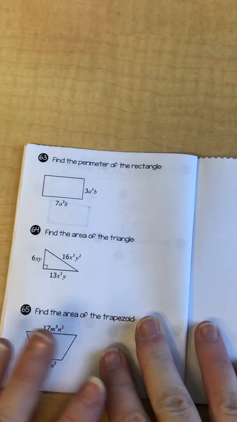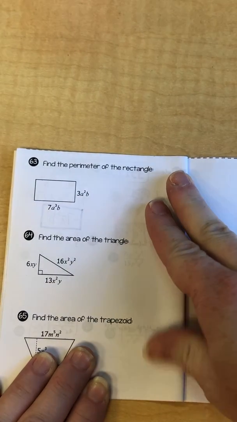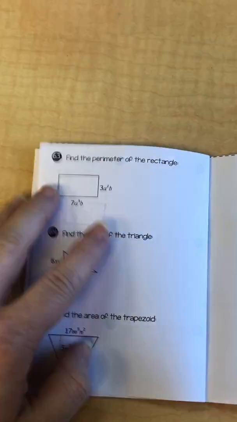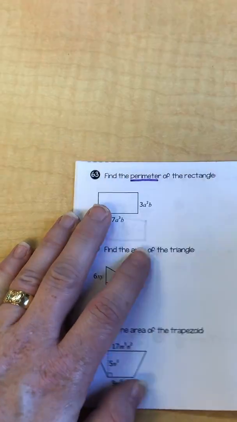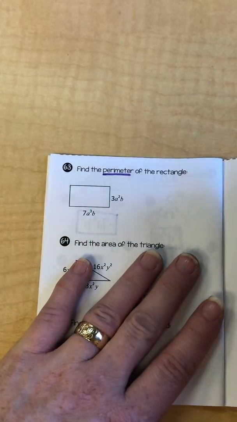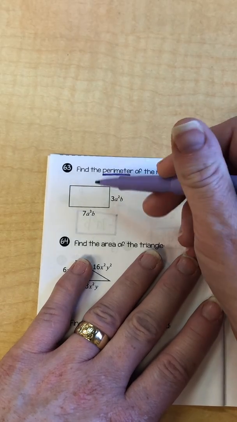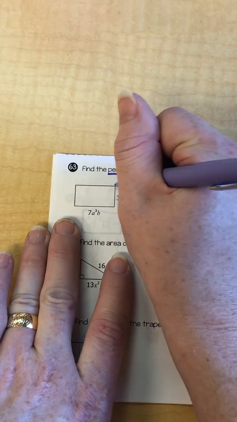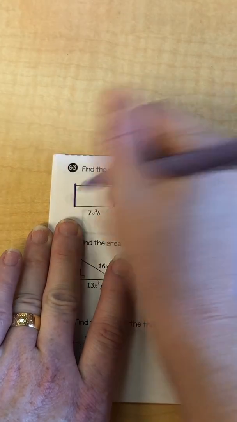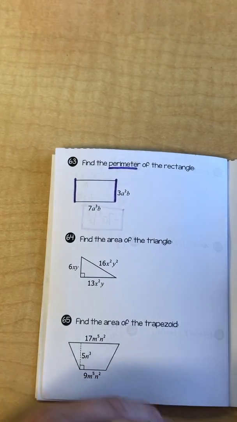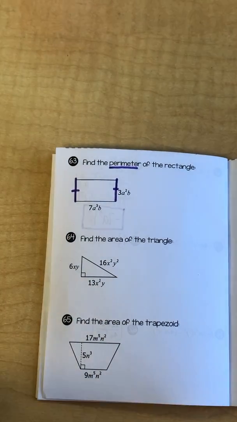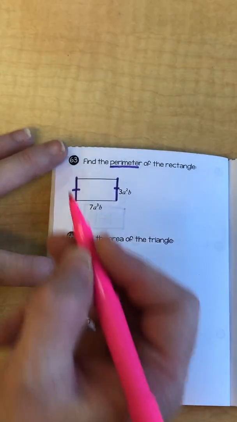Now do me a favor and flip over right here to the very back, okay? Now, it says, find the perimeter of the rectangle. If I'm finding the perimeter, this is where I add up all of my sides, okay? Now, right here I have 3a squared b, and I know that this side is going to be the exact same thing. So these two pieces, if I mark it like I did in geometry, those two pieces are congruent to each other.